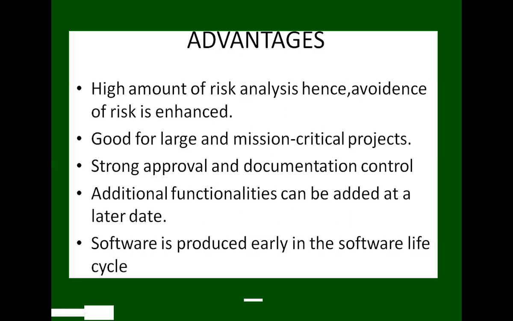When we tell the customer we are using the spiral model, it means strong approval and documentation control, and additional functionalities can be added at a later date. In the first phase we do not give any additional functionalities; in the second phase we will provide additional functionalities. This is one of the advantages of the spiral model.